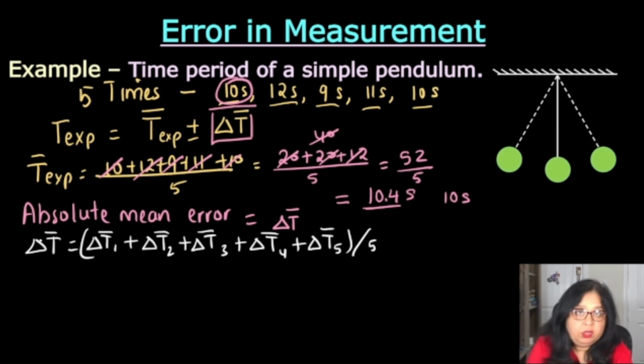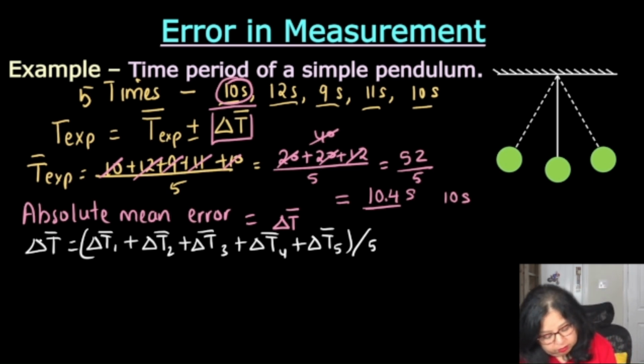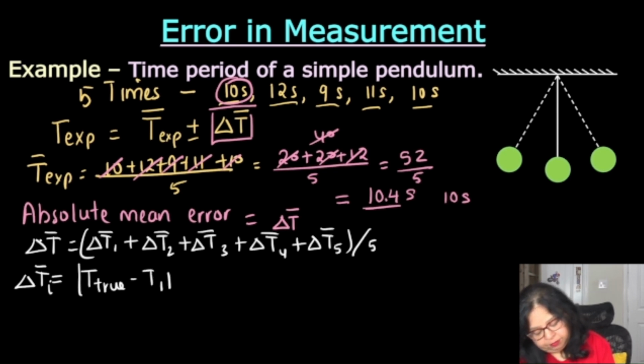So this is the average of the absolute errors for all the 5 time periods. Now to find delta T i, i can be 1, 2, 3, 4, and 5. It's going to run from 1 to 5. It's going to be the absolute value of T true minus T i. Same as saying T i minus T true. Doesn't matter.